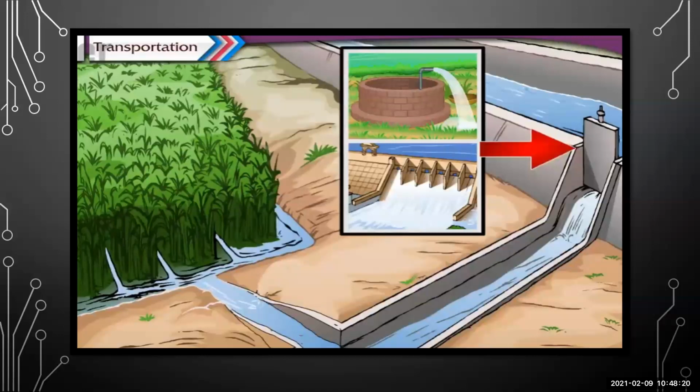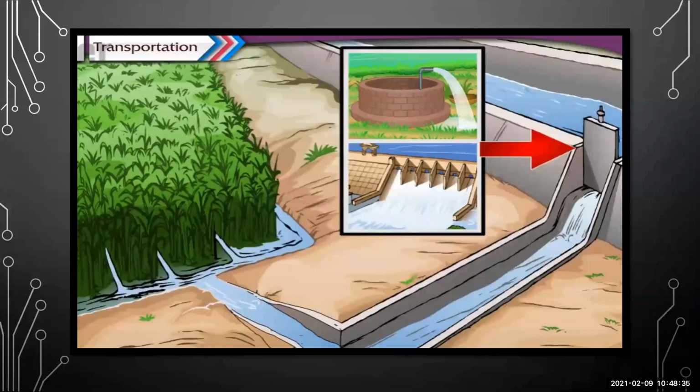Now in this picture you can see the transportation. Transportation is what? By the process of transportation, a substance either synthesized or absorbed in one part of the body reaches another part.